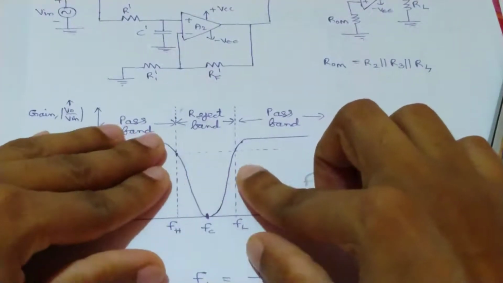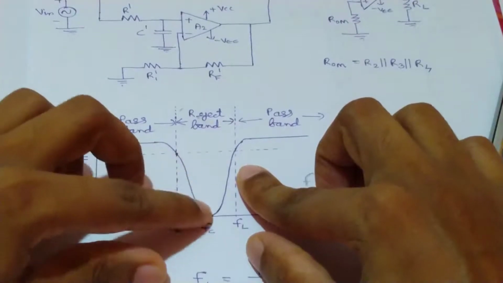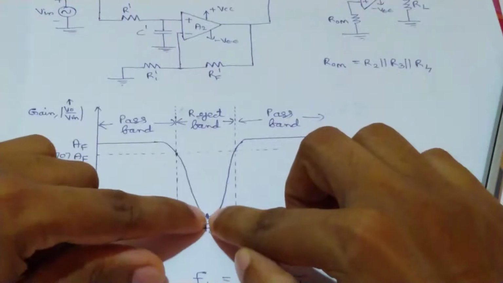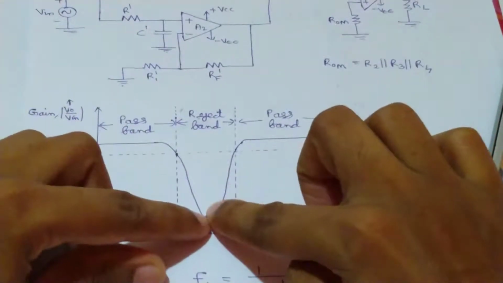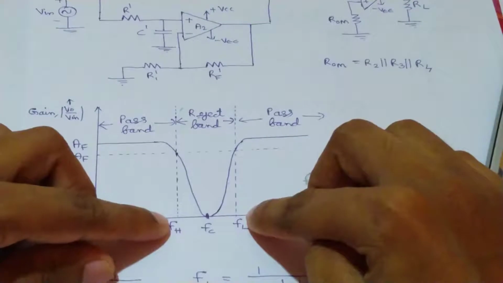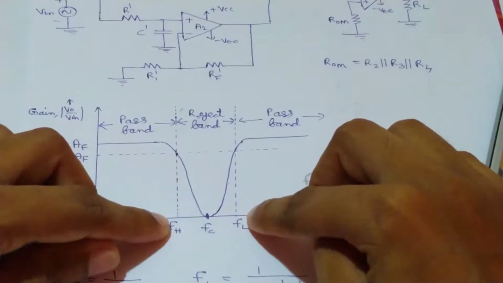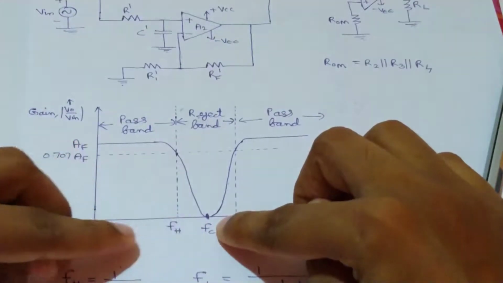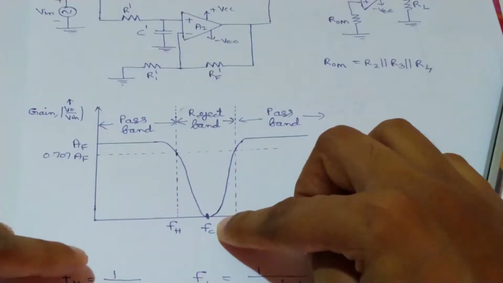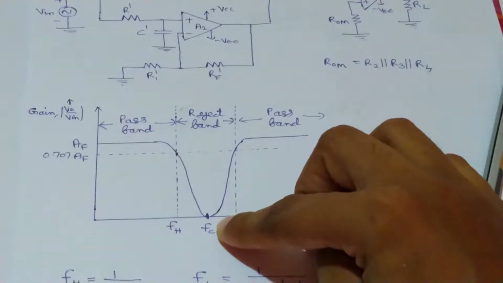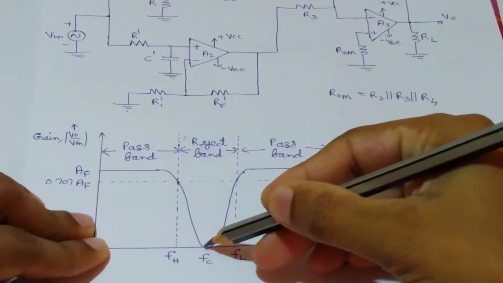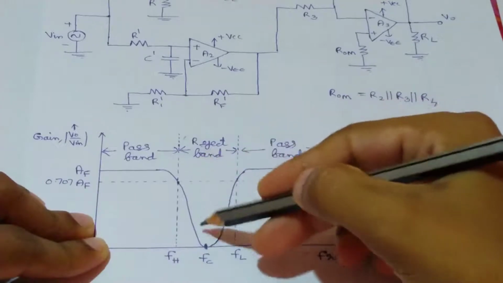So when we combine the first order high pass and first order low pass filters together, we will get a response like this. So it rejects the frequencies between FH and FL. And this FC represents the center frequency of this wide band reject filter, and at this center frequency maximum attenuation is there. Or at this FC the output voltage is minimum or the gain is minimum.